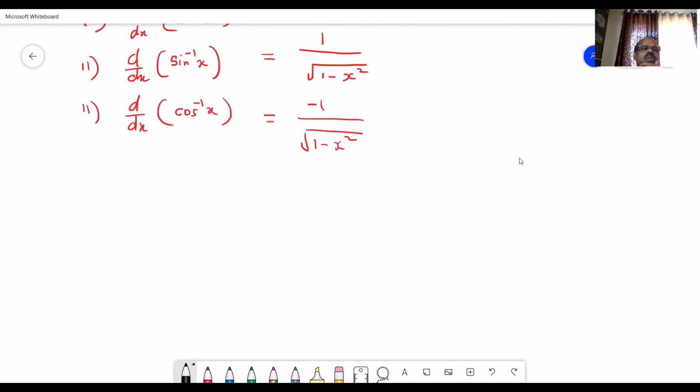See the difference between sine inverse x and cos inverse x. Sine inverse x is equal to 1 by square root of 1 minus x square, and cos inverse x is equal to minus 1 by square root of 1 minus x square.